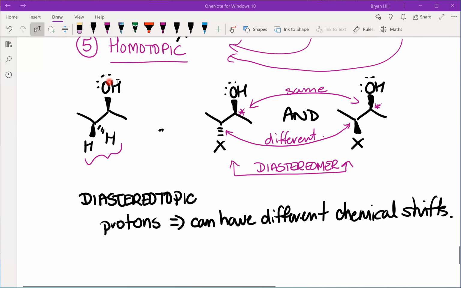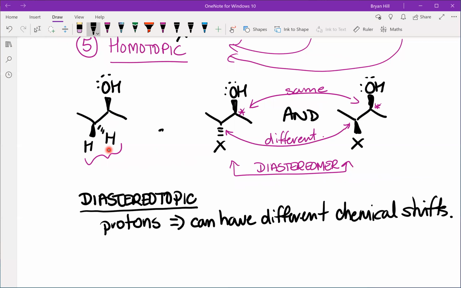So we said in the last class that this compound should have a grand total of 5 different signals: 1, 2, 3, 4 for these guys, and 5. But really, these 2 protons can have different chemical shifts. So it's possible that there could be 6 different classifications of protons in this case.